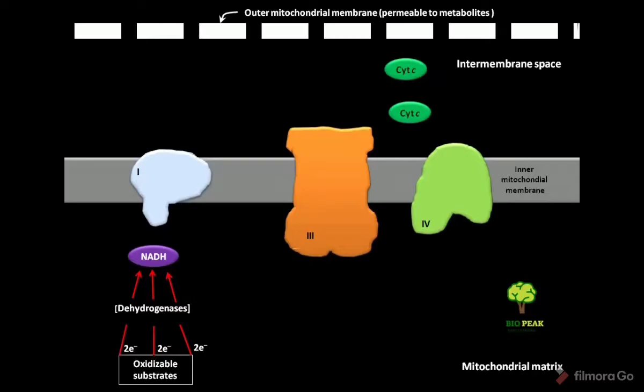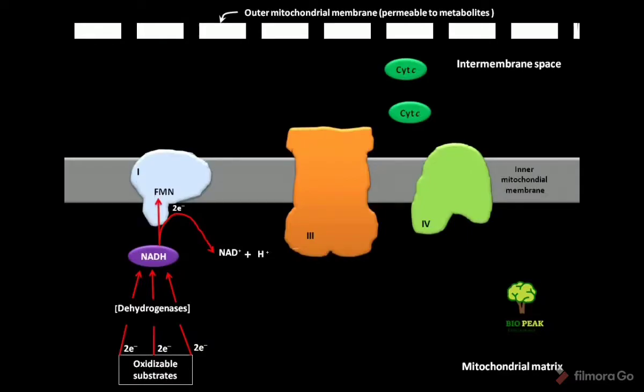The NADH is then converted by complex 1 to NAD+ with the release of a proton. This reaction also releases 2 electrons in complex 1. These 2 electrons flow to the cofactor flavin mononucleotide or FMN. This FMN is related to FAD.